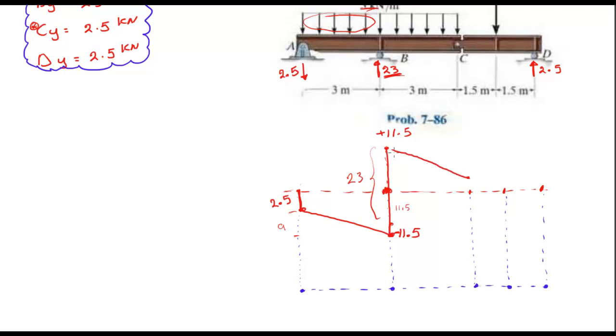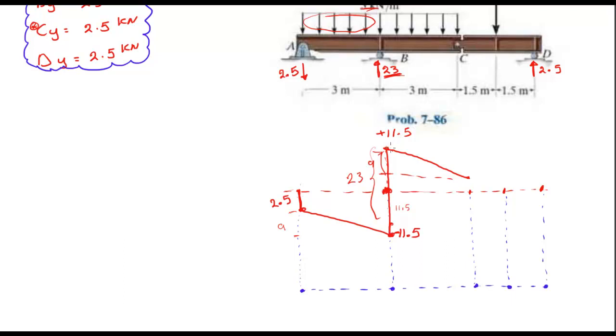Okay, and what is the total drop? The total drop from here to here is 9. Why? Because 3 meters times 3 kilonewtons per meter. But what about this distance? Well, it turns out to be a very good number that we will see right now. It makes sense.